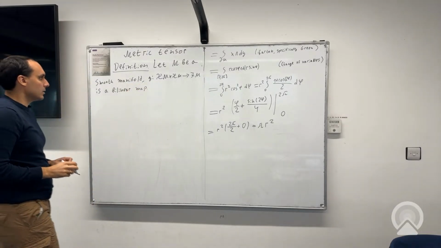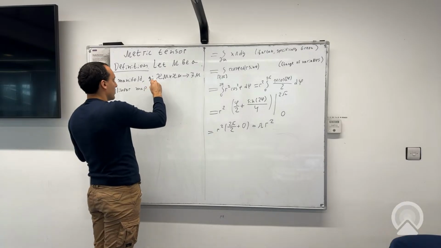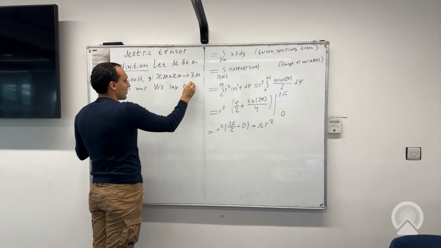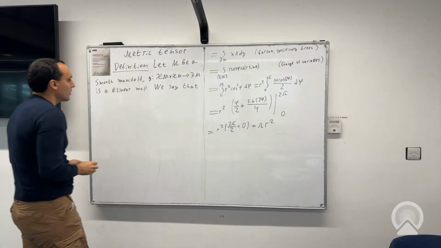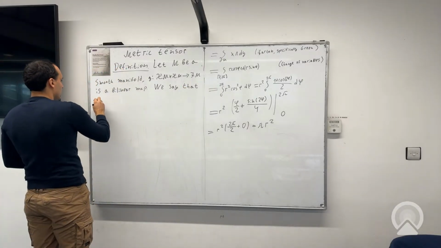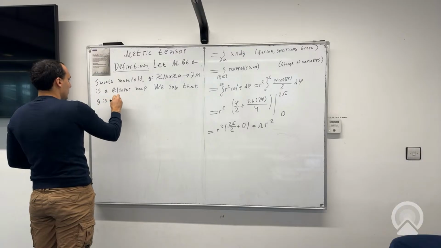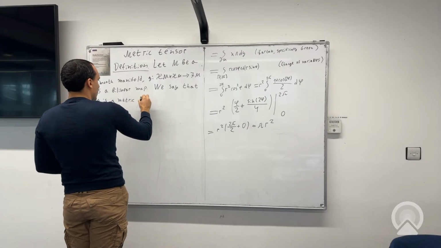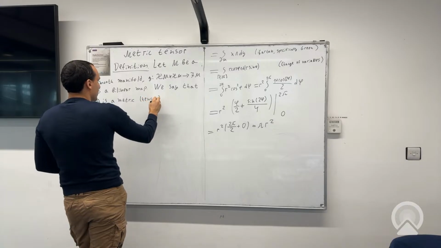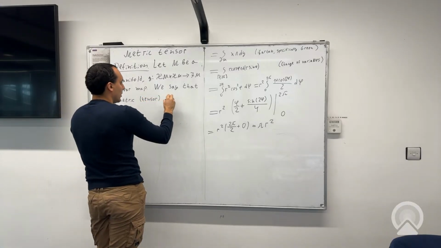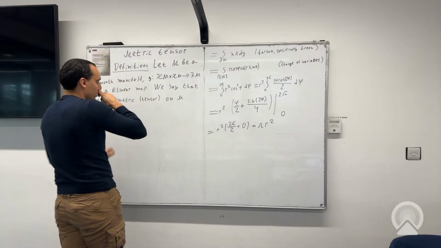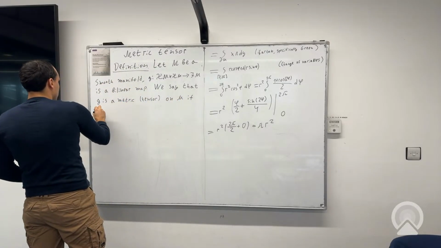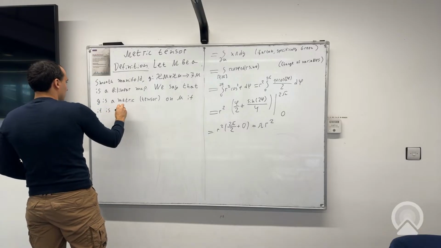So we say that G is a metric tensor, a metric. Maybe I'll put tensor in brackets, because you can only say it's a metric on M if it is symmetric.